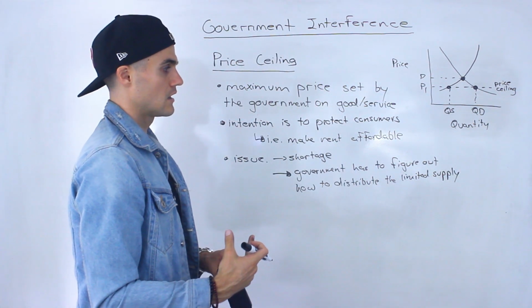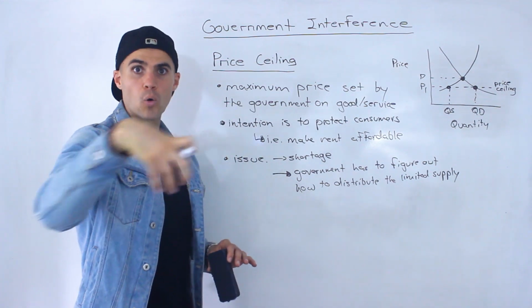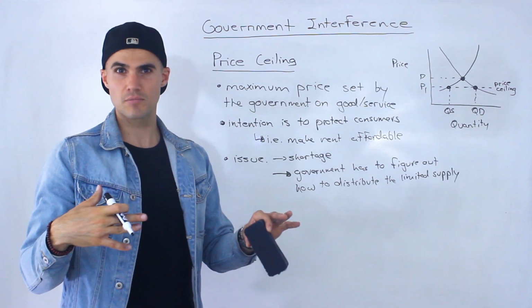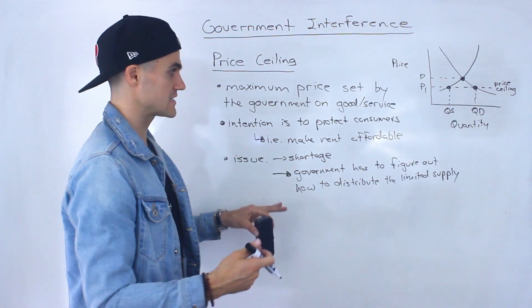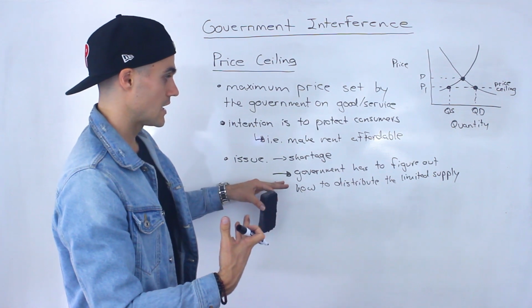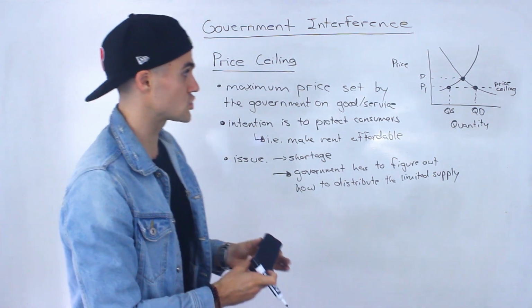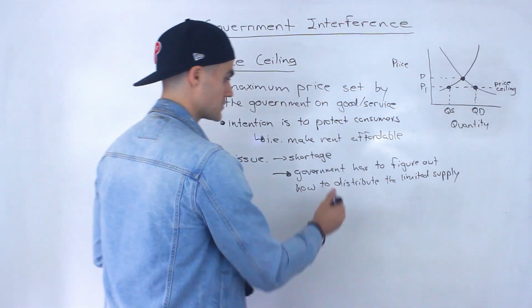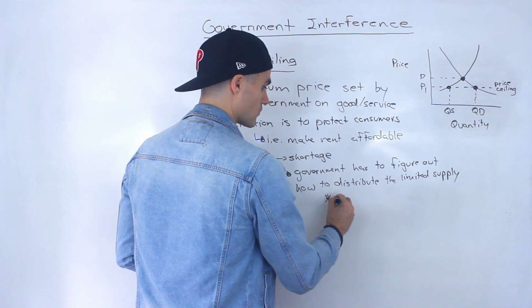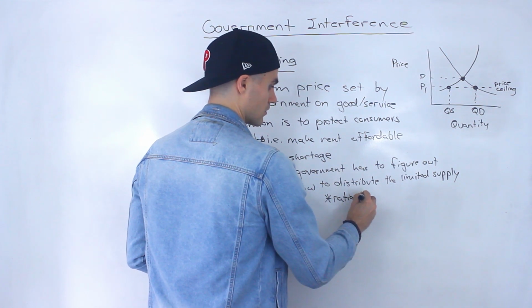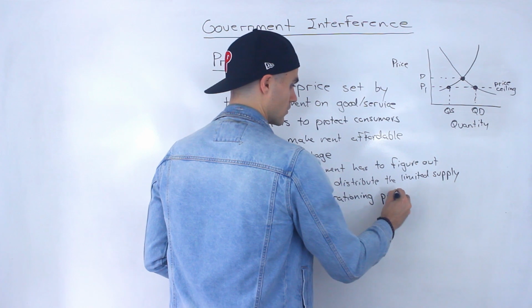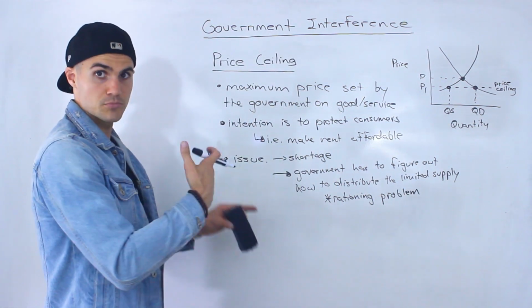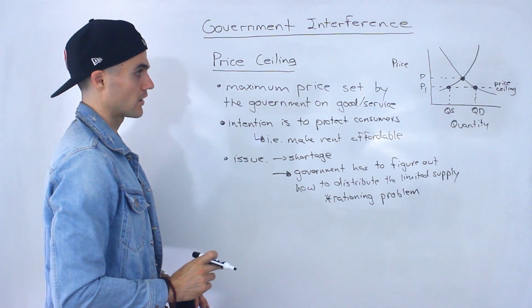Would it be that everyone gets the same quantity of that specific good or service? Or would it be in proportion to something, maybe proportion to income? It's hard to tell, right? I guess it would depend on the good or service, but the government would have to figure that out. How do they distribute that limited supply to that excess demand here? And sometimes you'll see this called in textbooks the rationing problem or the rationing issue, right? That distribution of that limited supply has to be figured out.